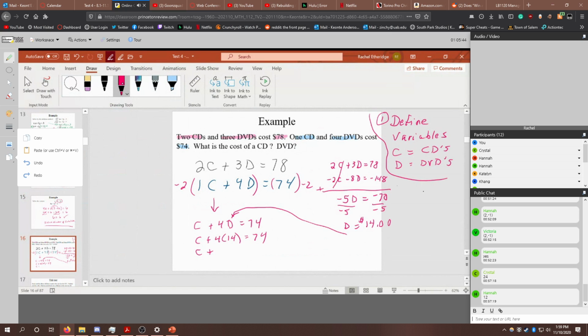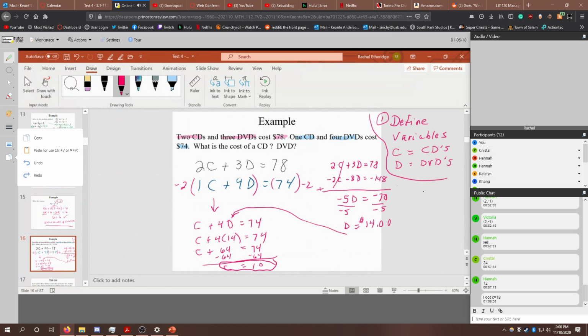So C plus 64 equals 74. C equals 10. So DVDs cost $14 each and CDs cost $10 each.